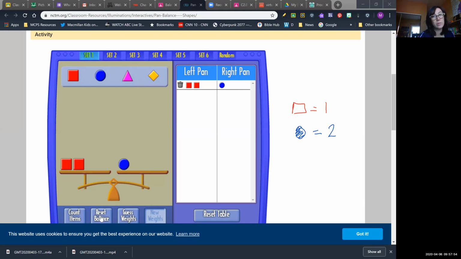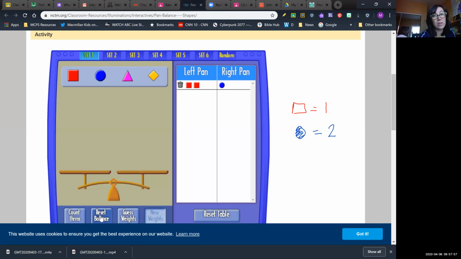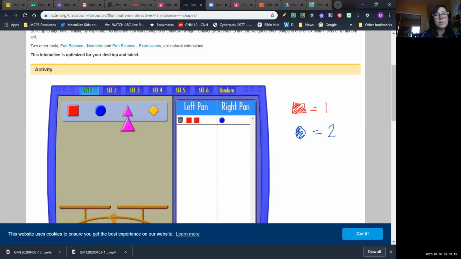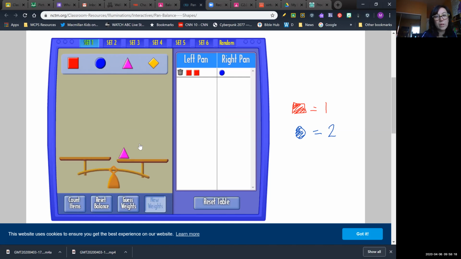Okay, I'm assuming that the square is 1. That's my assumption that I'm making to figure everything else out. Okay, so I'm going to put a triangle down. All right, and let's put down 1 square. Okay, let's try a second square.